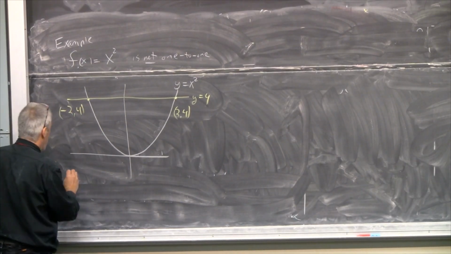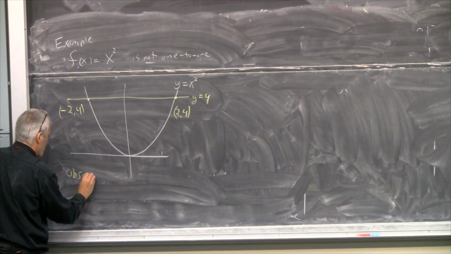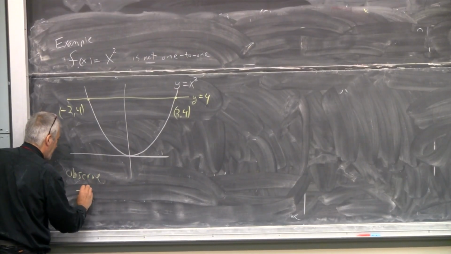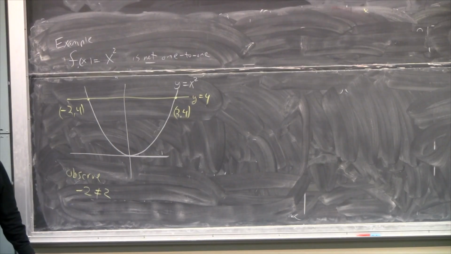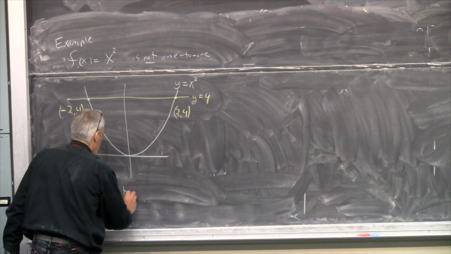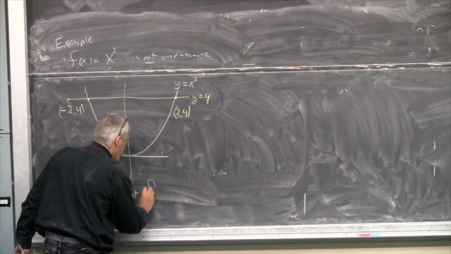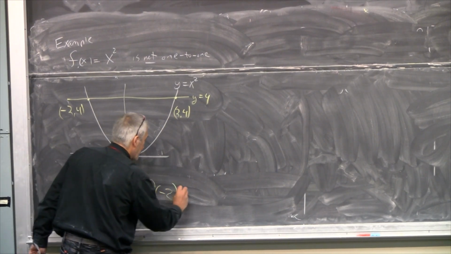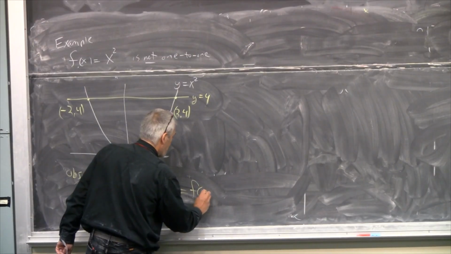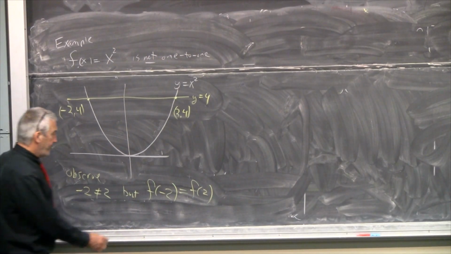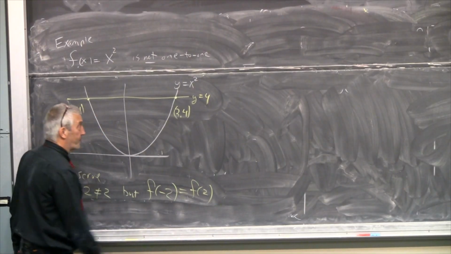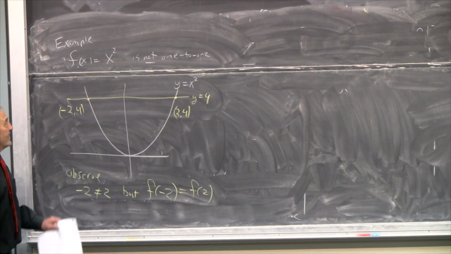So observe that minus 2 is not equal to 2, but minus 2 squared is equal to 2 squared. That is, f of minus 2 is exactly the same as f of 2. So this function is not one-to-one. I can feed in two different x values and get the same y value.